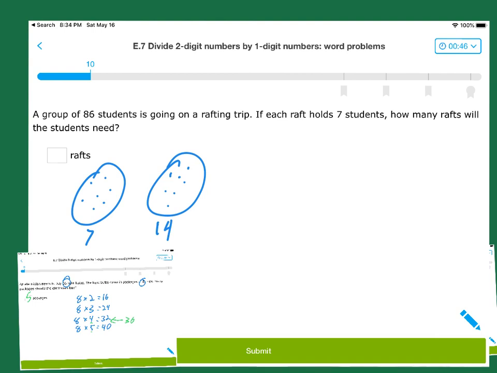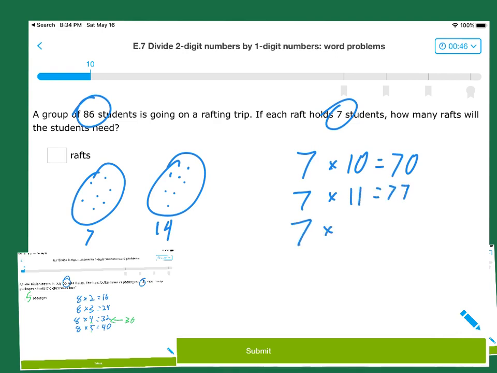I think another way to look at this would be, again, we need 86 students, and there's 7 in each one. If we had 7 students in 10 rafts, that would be 70 students. If we had 7 students in 11 rafts, that would be 77. If we had 7 students in 12 rafts, it's 7 more.